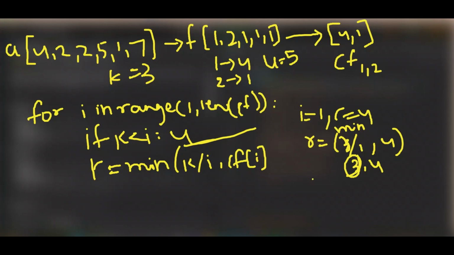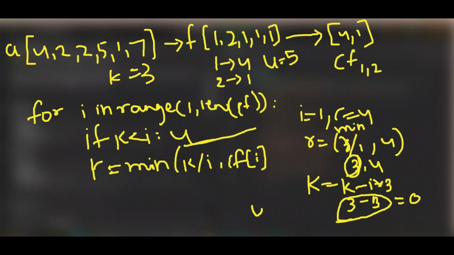And let's check the condition: k will now become k minus i into the removals, that is 3 minus 3. In this case k becomes 0.